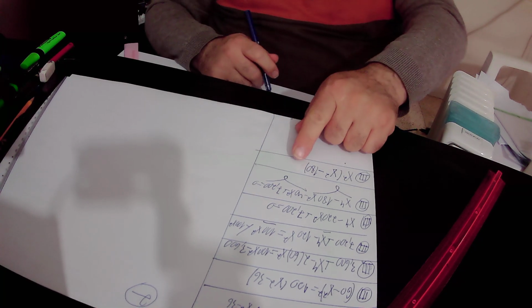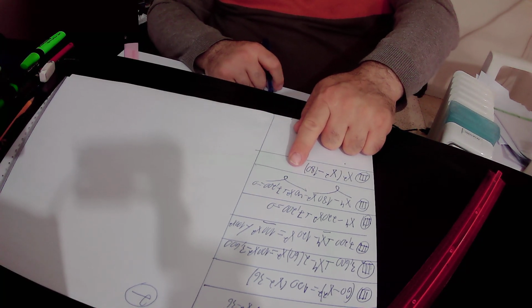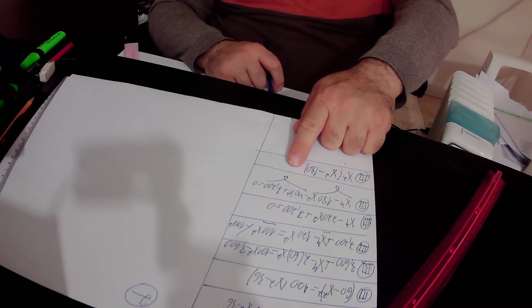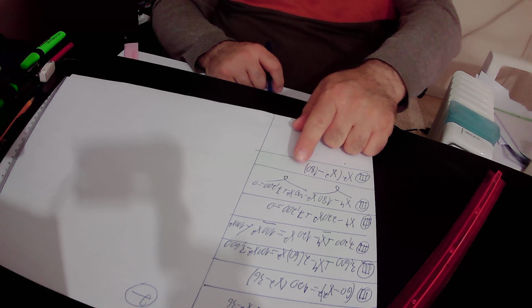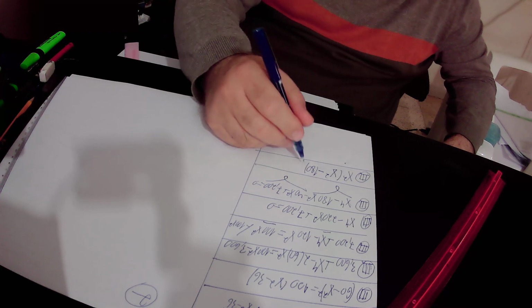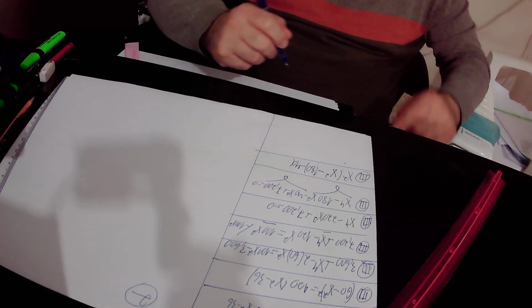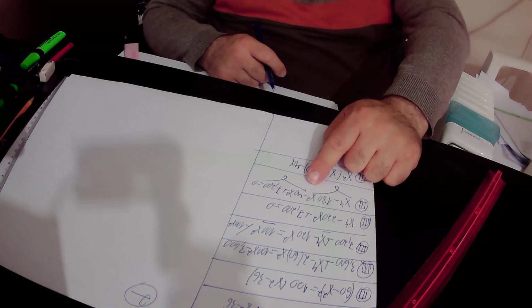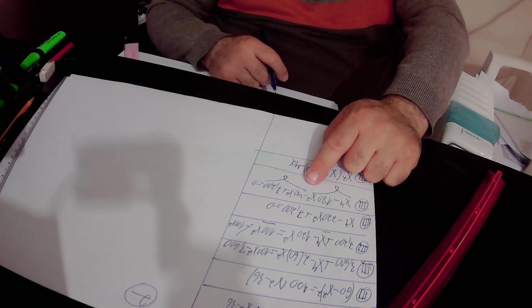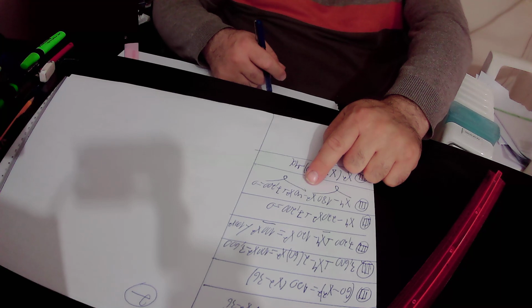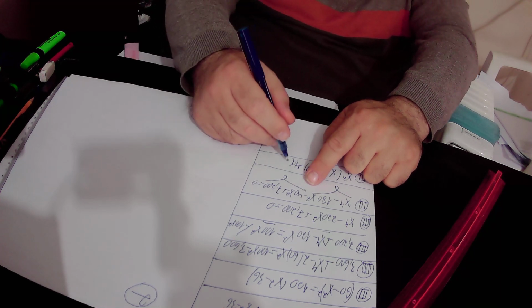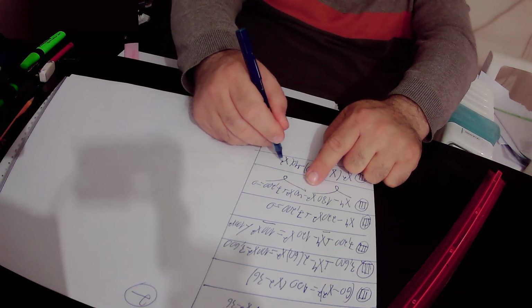And from this expression, we'll take minus 40 as a common factor. So what is left from minus 40 x squared after we took from it minus 40 as a common factor? What is left is actually x squared.